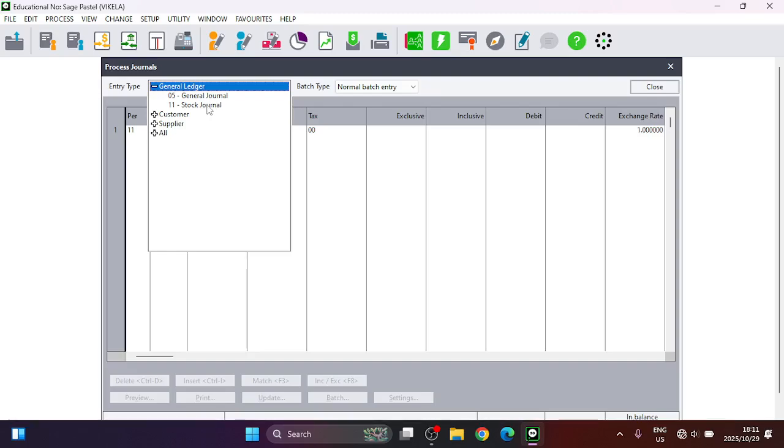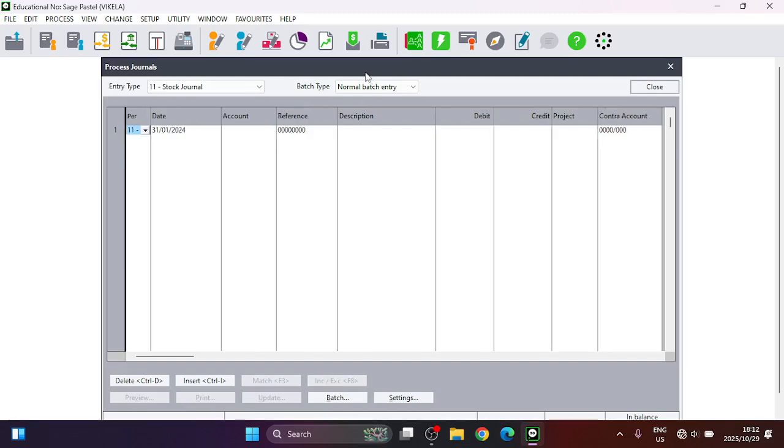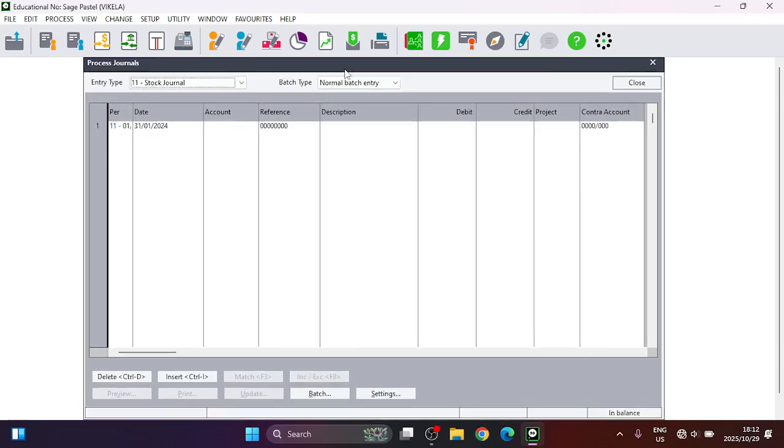On the general ledger, you're going to find general journal and stock journal. You could find others, but at the moment we are focusing on stock journal. Click on enter. You then will find that the stock journal comes up.